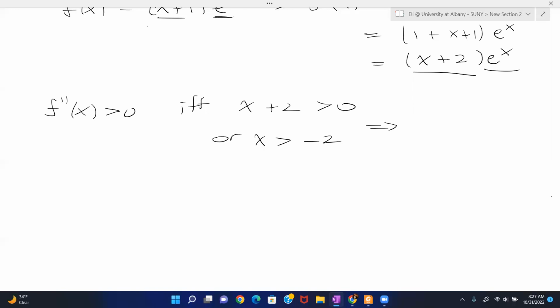And having a positive second derivative means you're, I always get this backwards, so let me make sure I'm doing this right. It means you're concave up, if I'm not mistaken. So we're concave up on (-2, ∞).